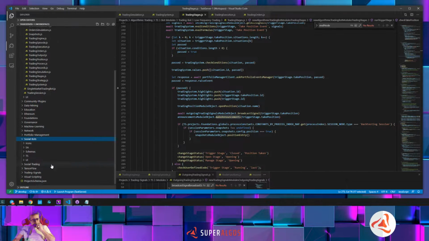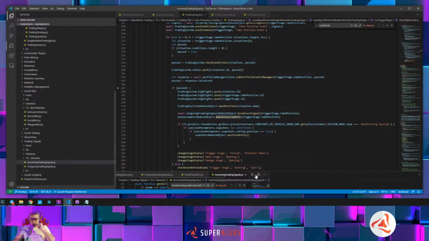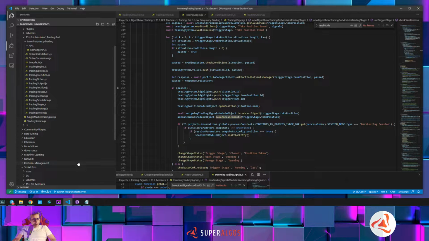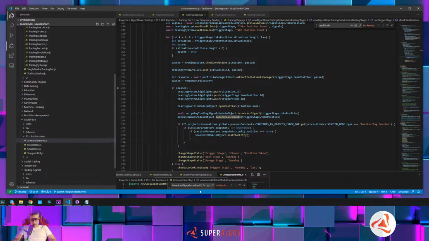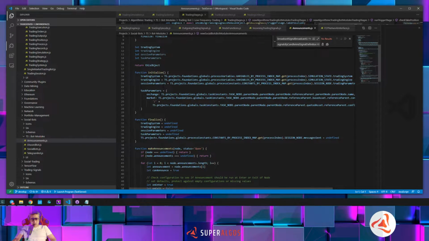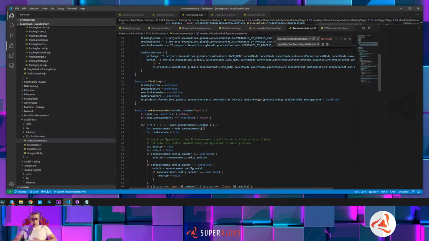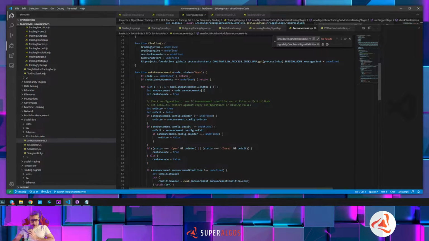Social bots, announcements. Okay, I'm going to deviate a little bit by checking out this stuff. Announcement. So these already have trading engine, trading system, and trading parameters, and make announcements.